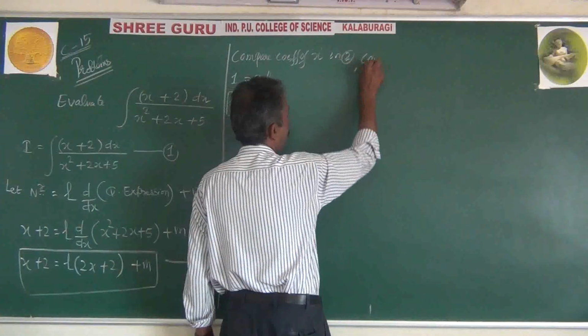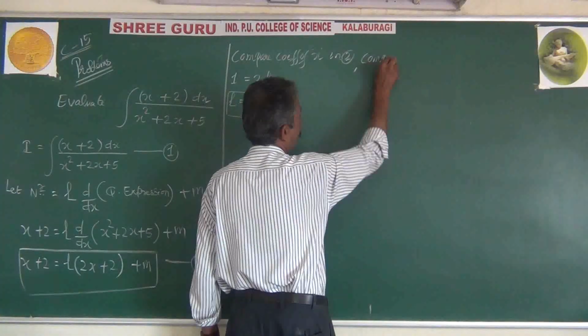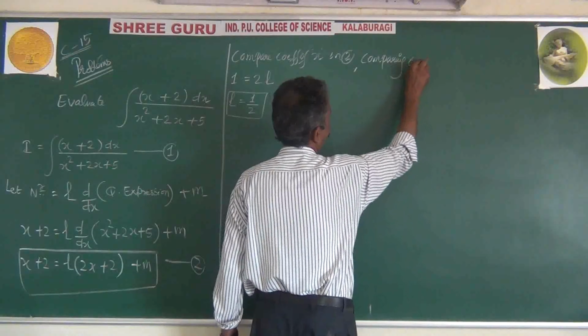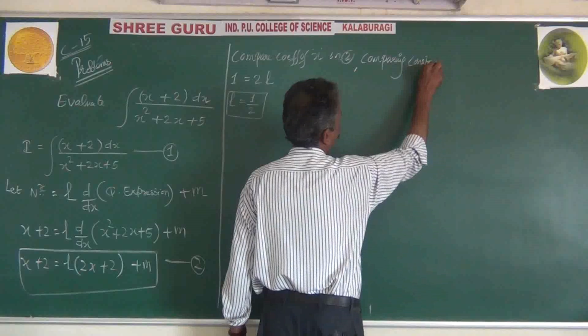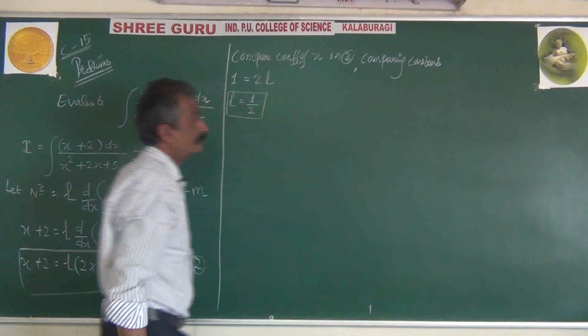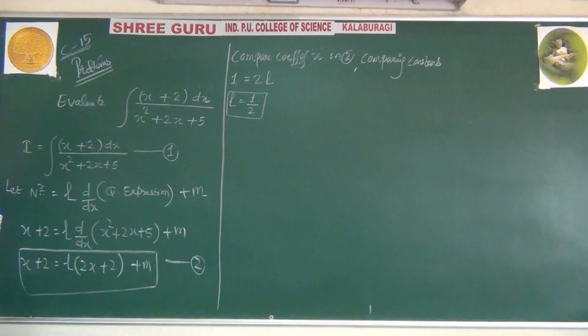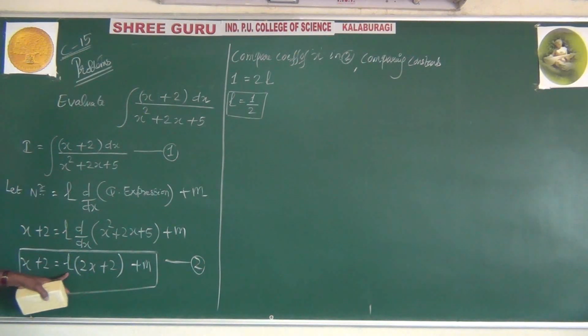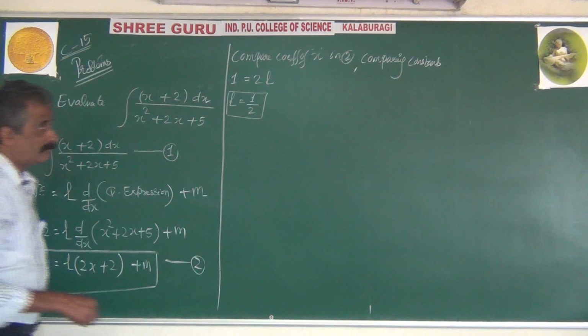Now we compare constants in the same equation 2. What is the meaning of constant? The term not containing x. Here 2, and on the right 2l, plus m.